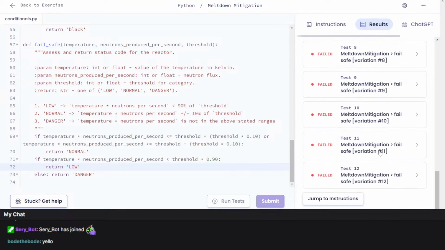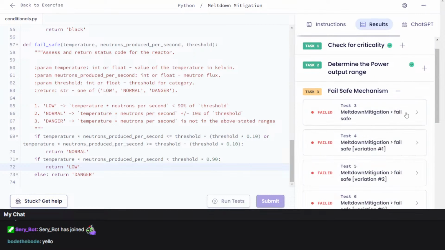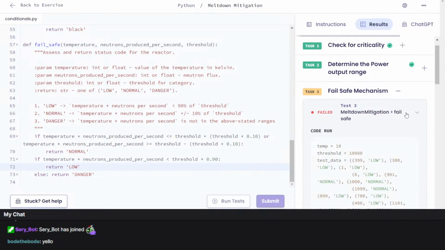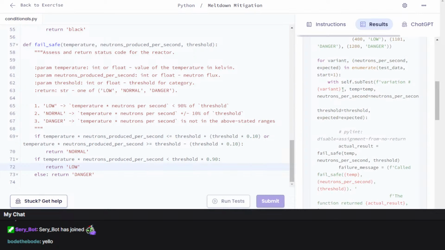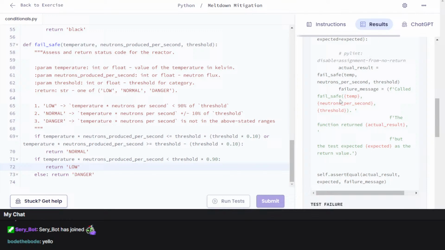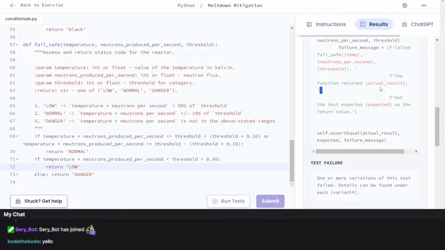Details can be found under each variant. Oh! Wait, no. Well, it's not giving me any good details. Return actual result. Test expected. Yeah, but what is actual result and what is expected?